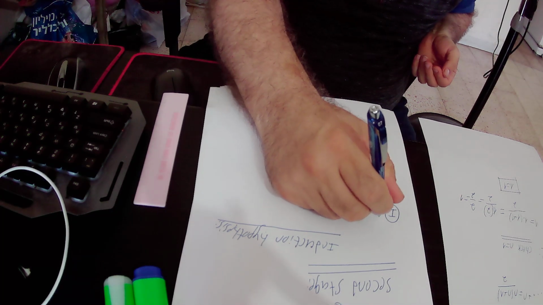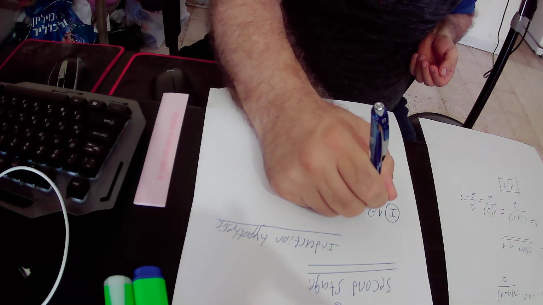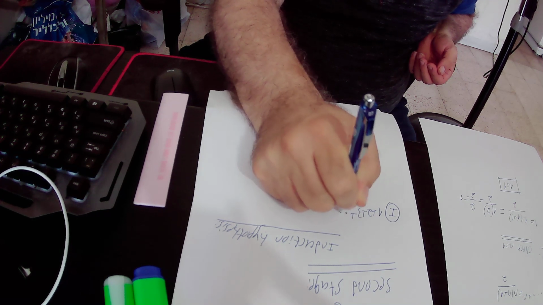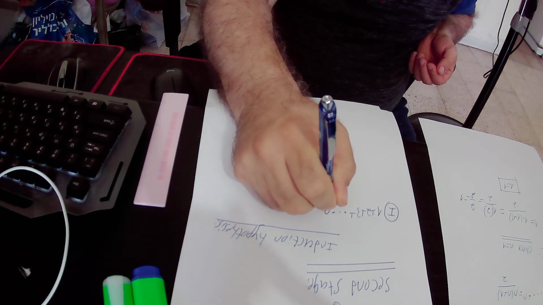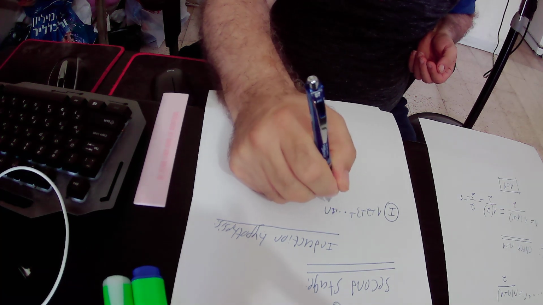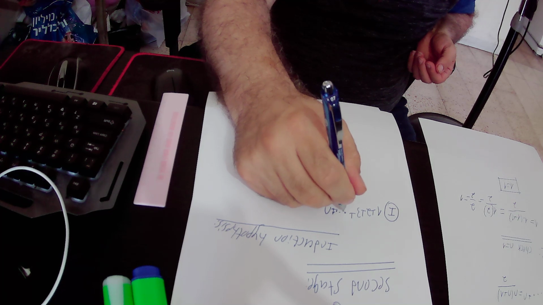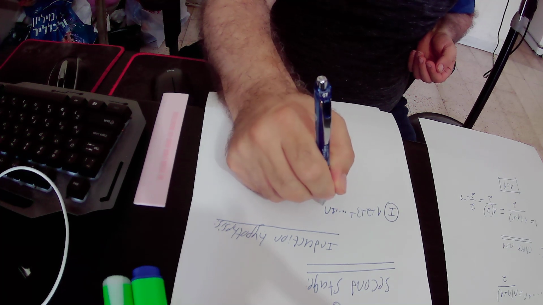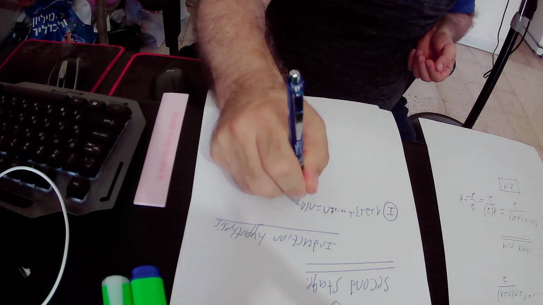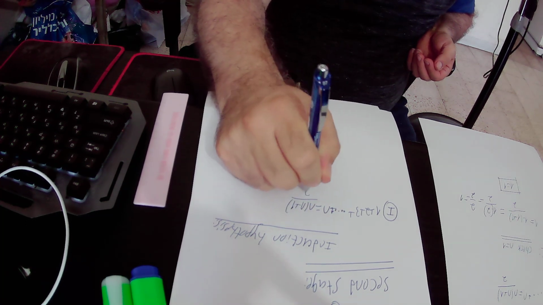It will be 1 plus 2 plus 3 plus ... plus n equals n times n plus 1 divided by 2.